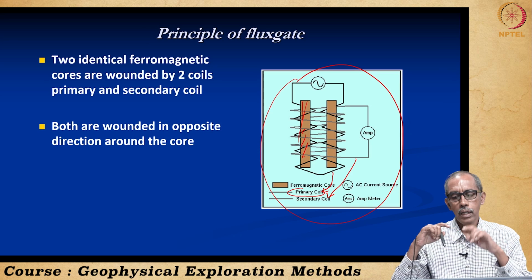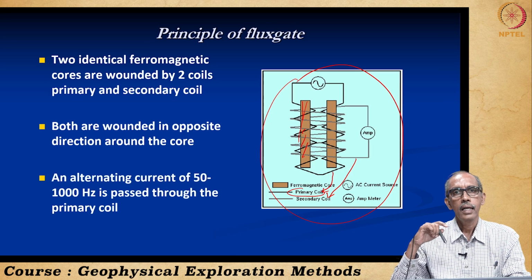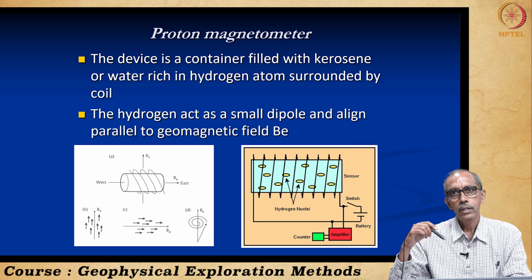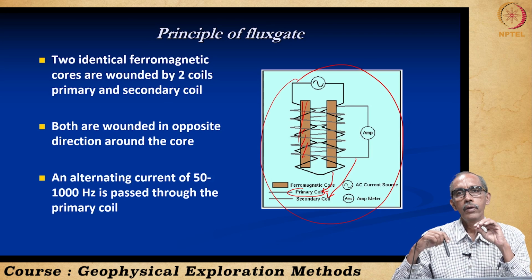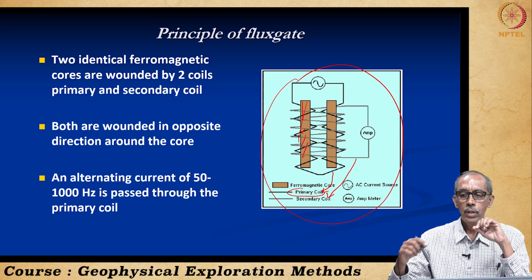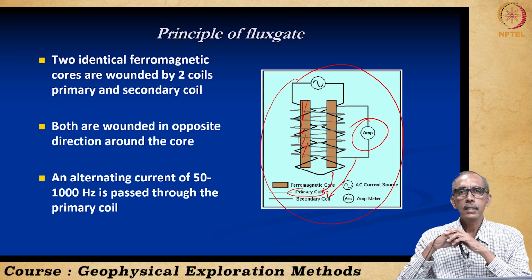These coils are wound in opposite directions, and we apply a current through the primary coil. In the field, by the press of a button, current will be applied to the primary coil, and the magnetic intensity prevailing at the particular place where we are making the measurement will result in the development of a certain signal in the secondary coil.